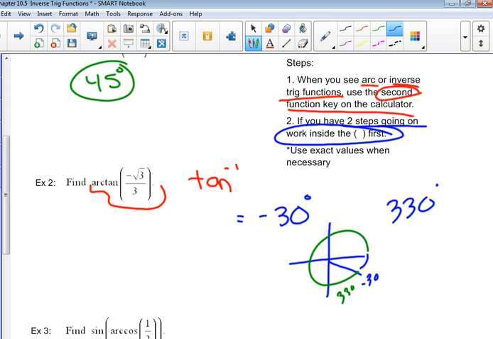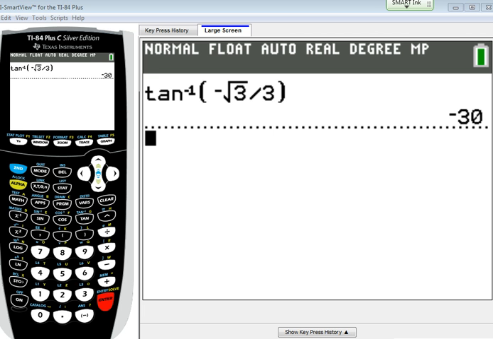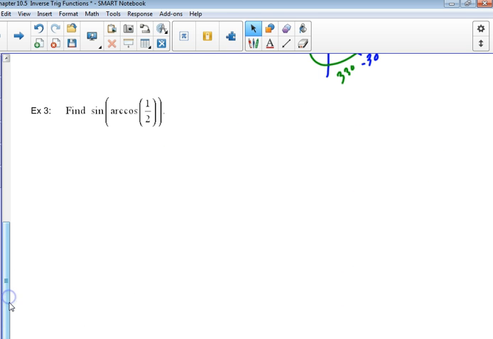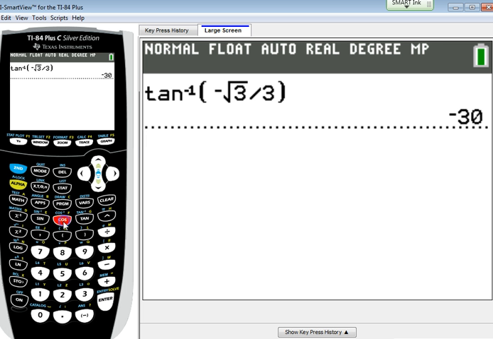You have to go backwards and then go back. So I want to do the arc cosine of 1/2 first. Let's type that in. Second cos 1/2.